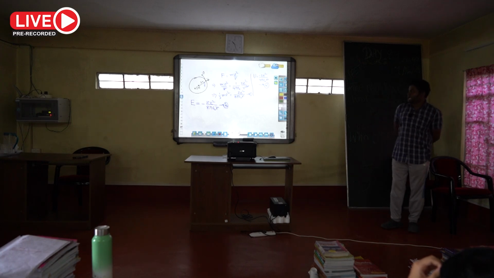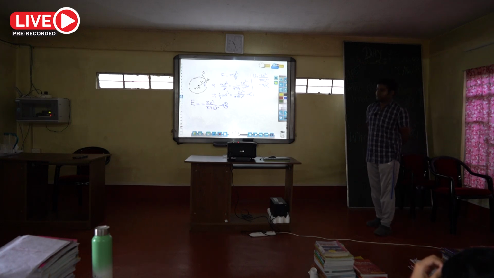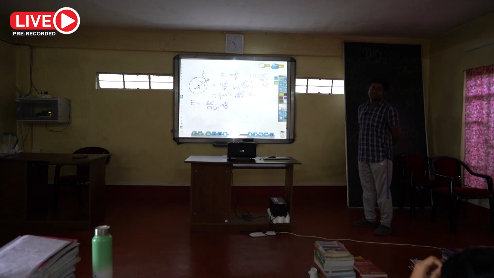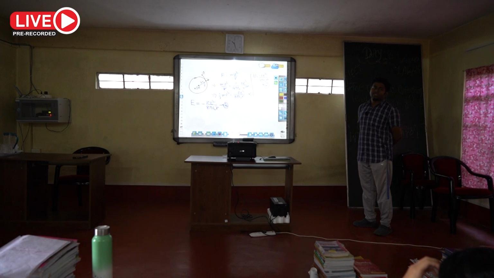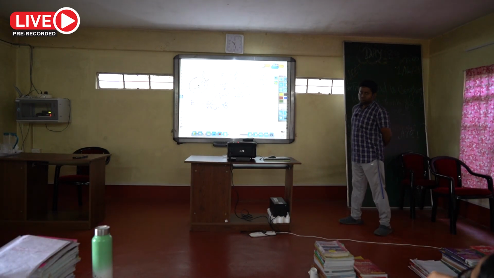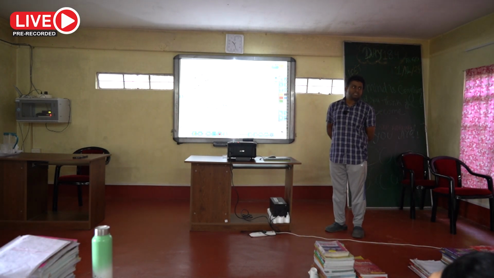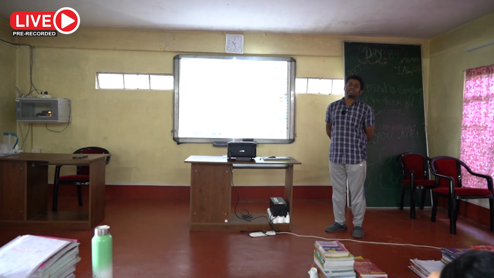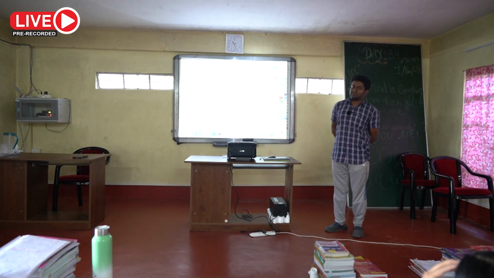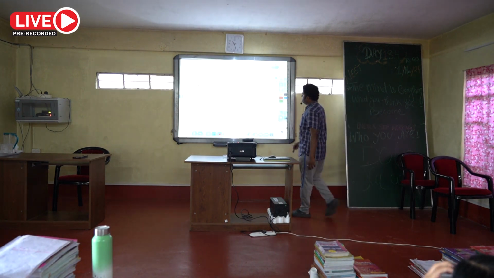We apply Bohr's postulate for angular momentum to show the quantization of radius of the orbits and quantization of energy. Clear?